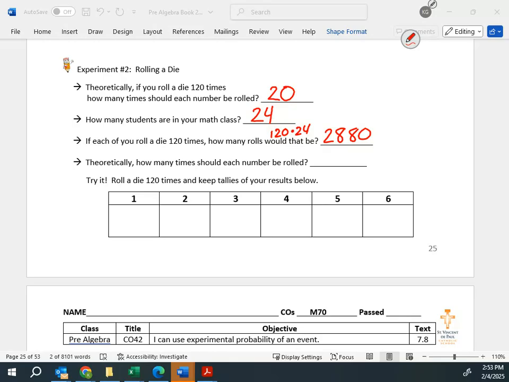So now we need to think theoretically how many times should each number be rolled. So when we looked at if you were rolling it by yourself, we divided that 120 by 6. Now we look at 2,880 rolls, we divide it by 6, and we say every number should be rolled 480 times.